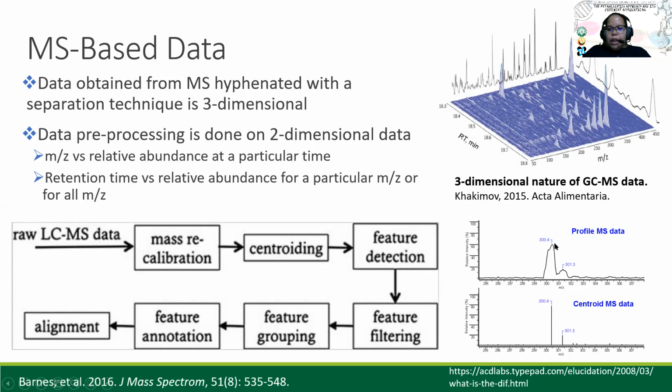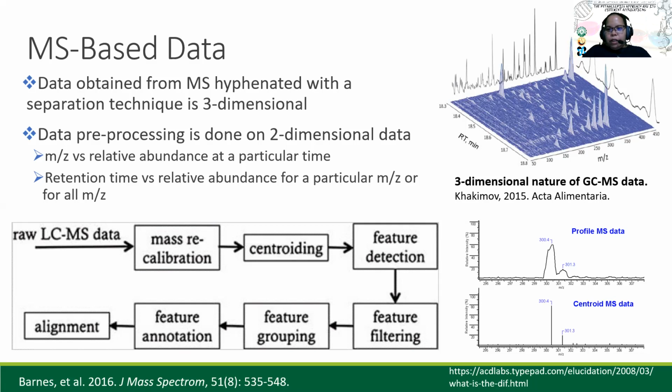So for this particular 300.4 peak, if you make use of profile MS data, the data you get is continuous. That's very specific peak widths, depending on the resolution of your instrument and your settings.